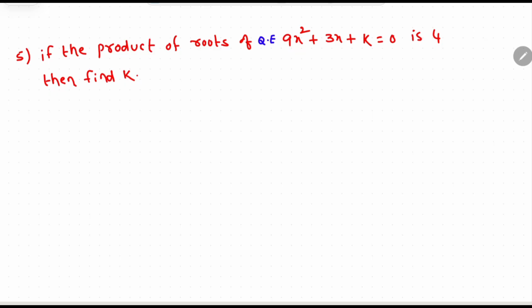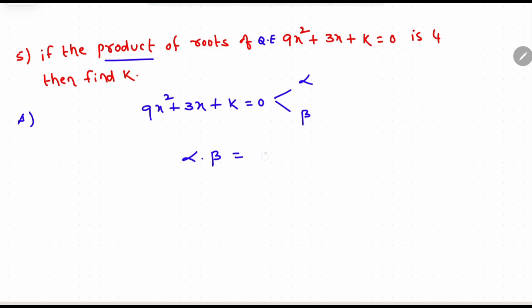Okay. Now in the given problem, we have a quadratic equation, that is 9x power 2 plus 3x plus k equals 0, and it has two roots, alpha and beta. So it is given that the product of the roots, alpha into beta, what is the given value there?